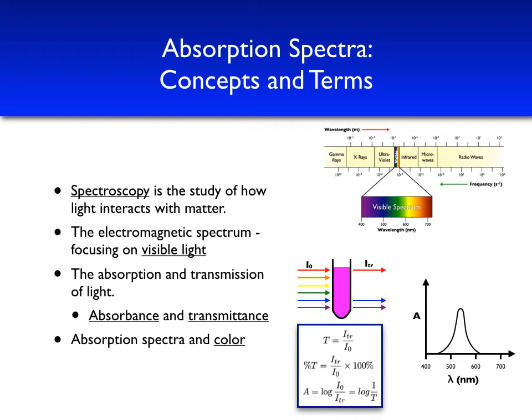Therefore, we can assume that the blue and red light that's transmitted is what reaches our eyes and gives us the apparent color of the solution. Therefore, the colors that we see come from light that is transmitted or reflected by different objects. We'll explore this more in this experiment.